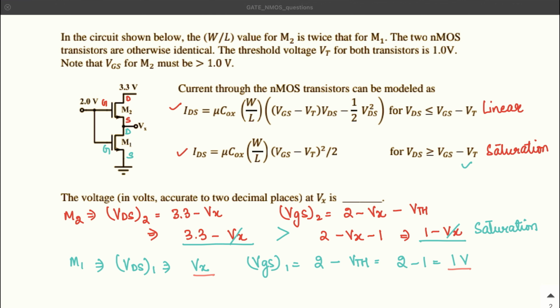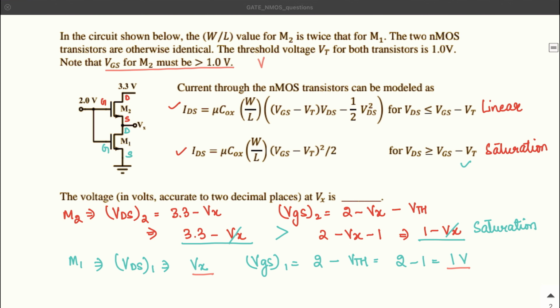To decide this, you need to look at the condition given that VGS for M2 should be greater than 1 volt. Now, keeping this in consideration, let me just write down what is actually VGS for the second transistor. Looking at the diagram, you can clearly understand this is 2 minus Vx. This should be greater than 1, which actually means that 1 should be greater than Vx.